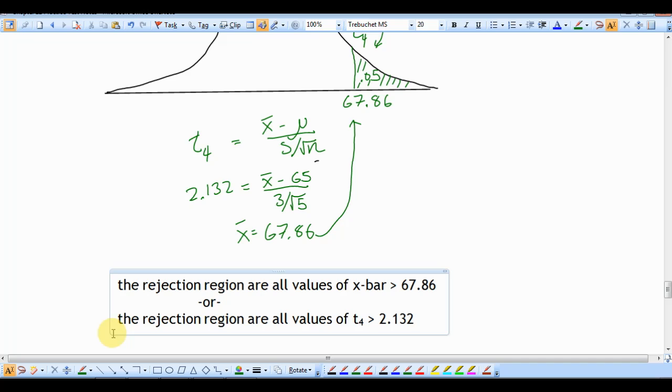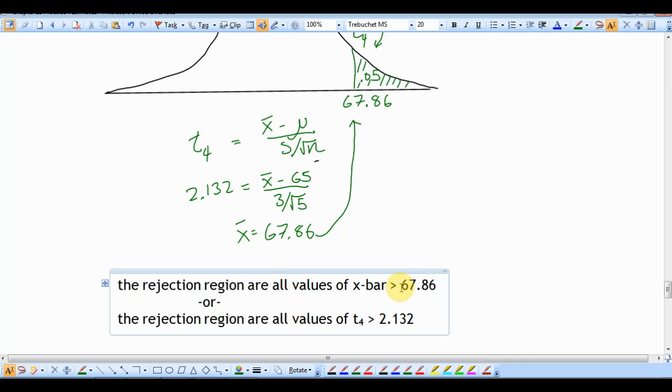By the way, what is our x bar? 68.25. So you should see that we're going to reject our null hypothesis here because our x bar is in the rejection region. Isn't it the alternative? No, rejection is anything greater than 67.86.